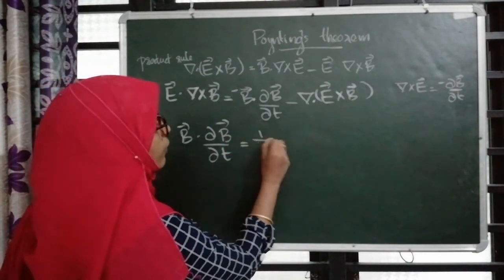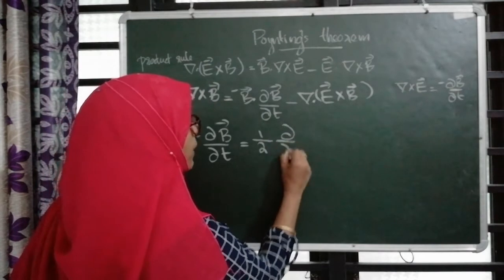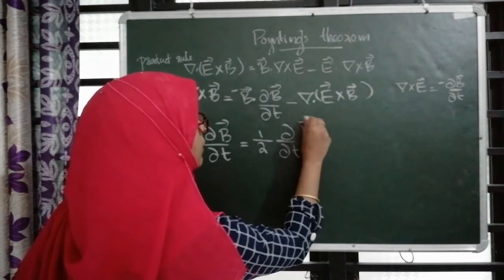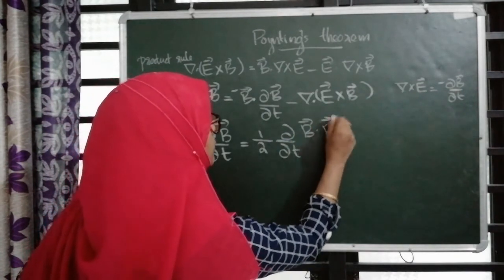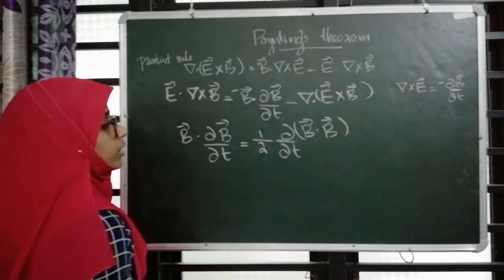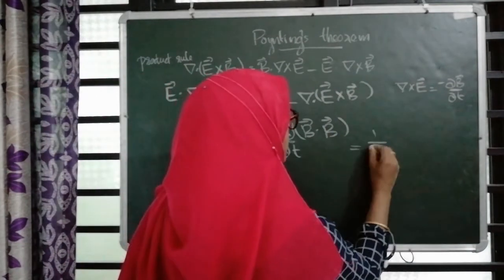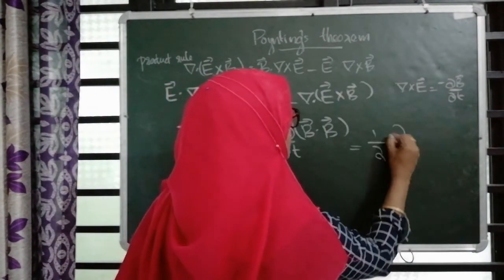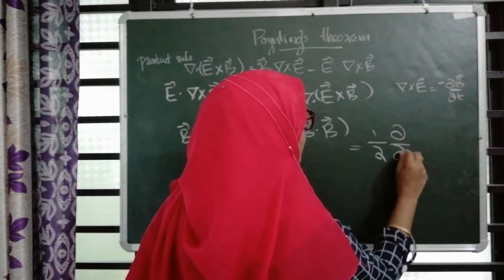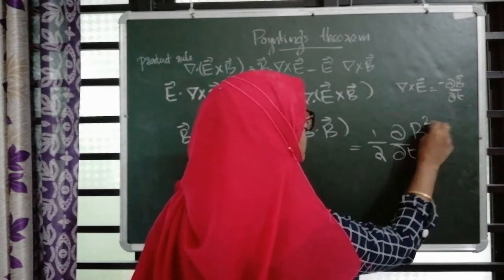Now I am going to rearrange this equation. B dot dou B by dou T is equal to 1 by 2 dou by dou T of B dot B, taking the derivative outside, which is 1 by 2 dou by dou T of B square.